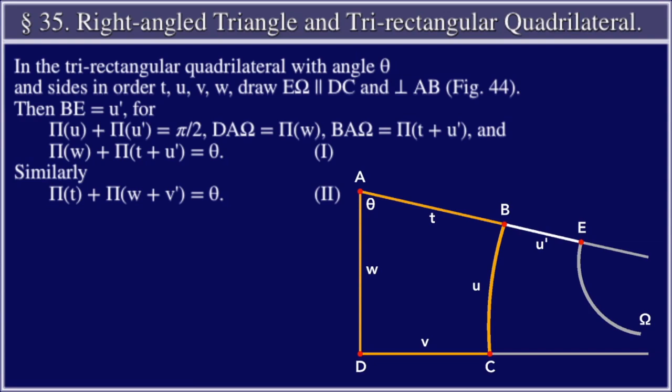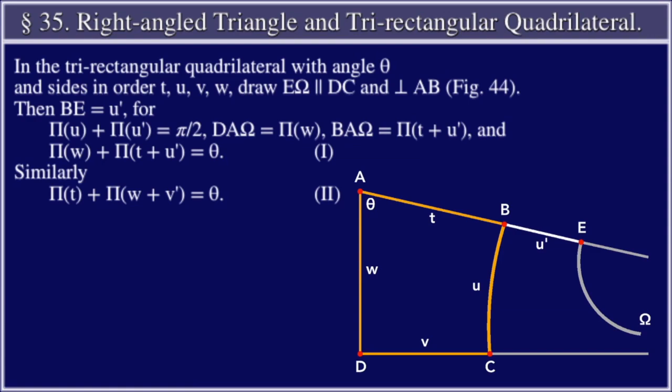In the tri-rectangular quadrilateral with angle θ and sides in order T, U, V, W, draw Eω parallel to DC and perpendicular to AB, figure 44. Then BE is equal to U prime, for the parallel angle of U plus the parallel angle of U prime is equal to π over 2.